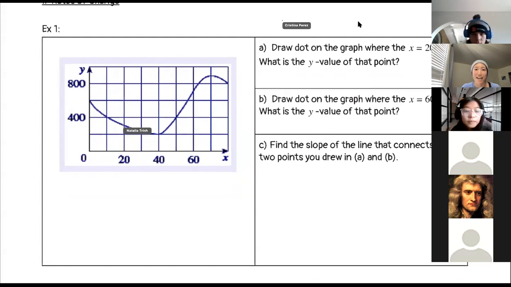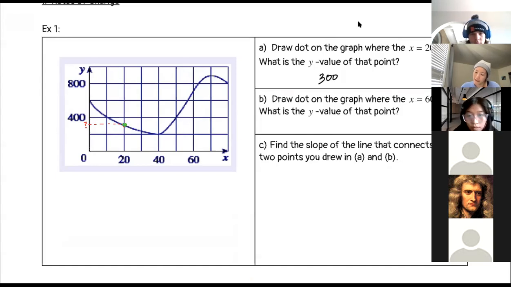All right, so at x equals 20, draw that dot on the graph. Great. And what is the y value of that point? About 300? Yeah, I would say about 300.